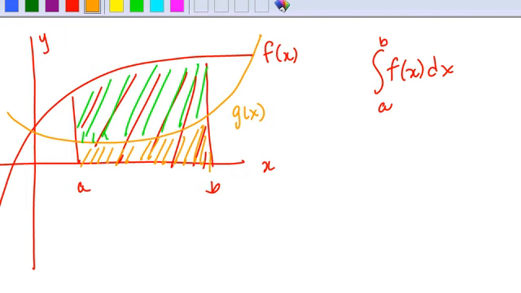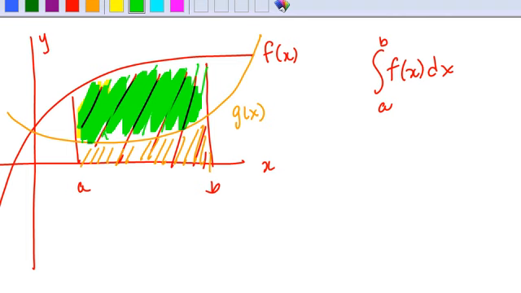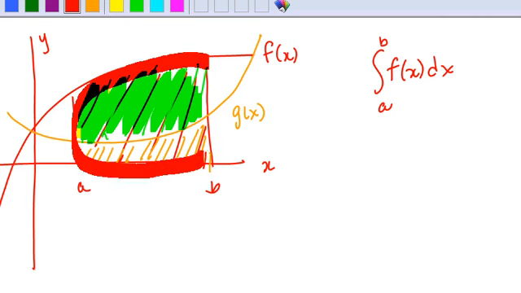If you want just the green, let me highlight that more clearly. Let's try that again. If you want just this, then you would find the area of the red, which is all of this, and subtract the area of the orange, which is this.